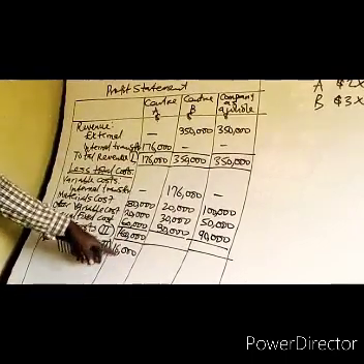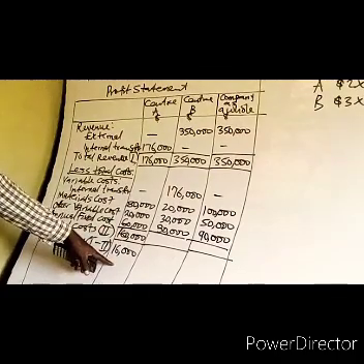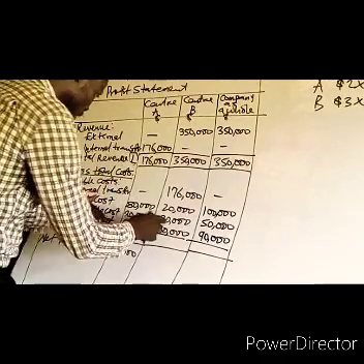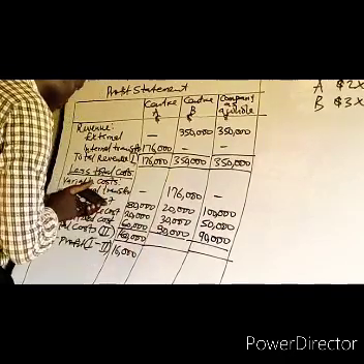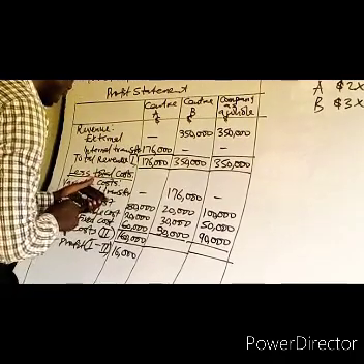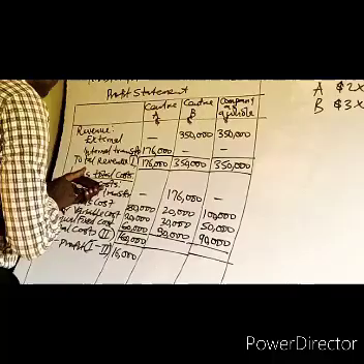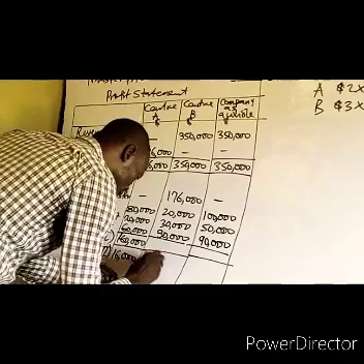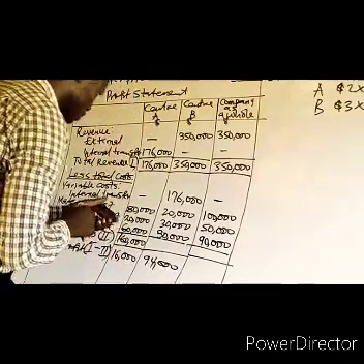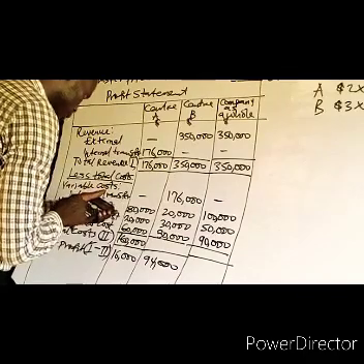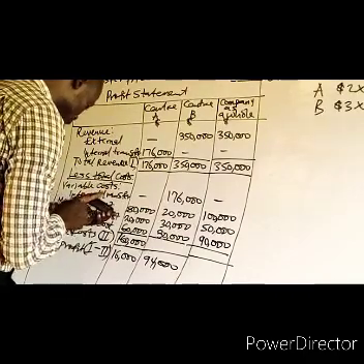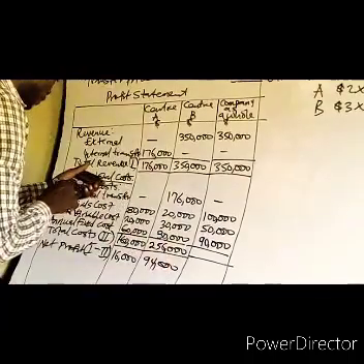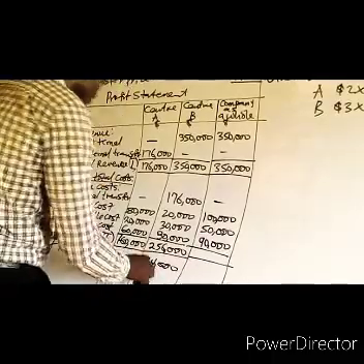Then when you sum up this, 176,000 plus 20,000 plus 30,000 plus 30,000, that is 256,000. If you subtract 256,000 from 350,000, then you will be left with 94,000.